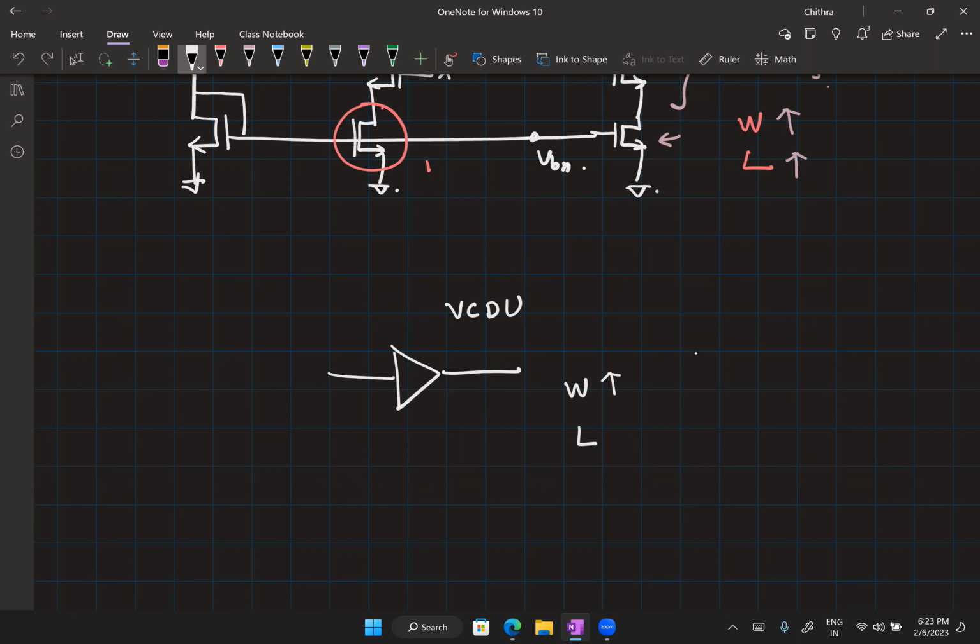Because if you have already designed for some delay, if you increase the width, you are likely to be within the same delay ranges. This is assuming self-capacitance and the load capacitance are roughly equal. If you increase the width, your self-capacitance is going to increase, but the current flow is also increasing. So you might be able to maintain the delay within the same ranges. But it really depends on the implementation. So I cannot rule out either of them, but generally width is increased as a first choice.